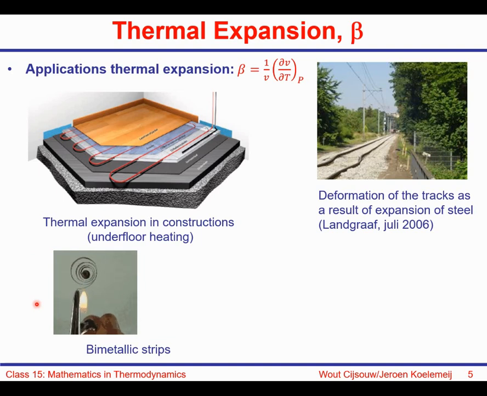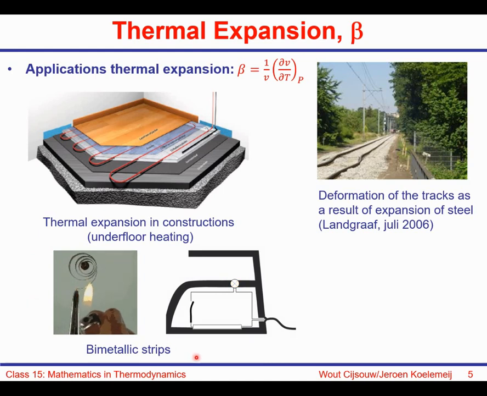This has been used in, for example, this clothes iron, which is being heated until the temperature becomes so large that this bimetal strip bends and breaks the electrical circuit, until it cools down and closes the loop again, and then the whole thing is heated again. In this way, you can regulate the temperature of the iron.